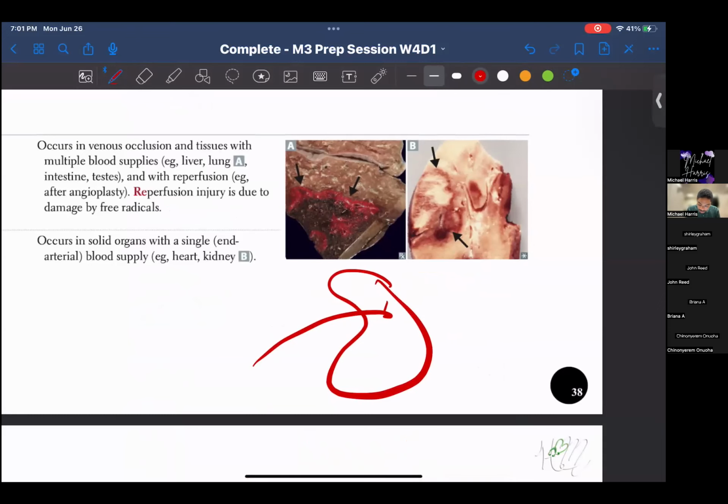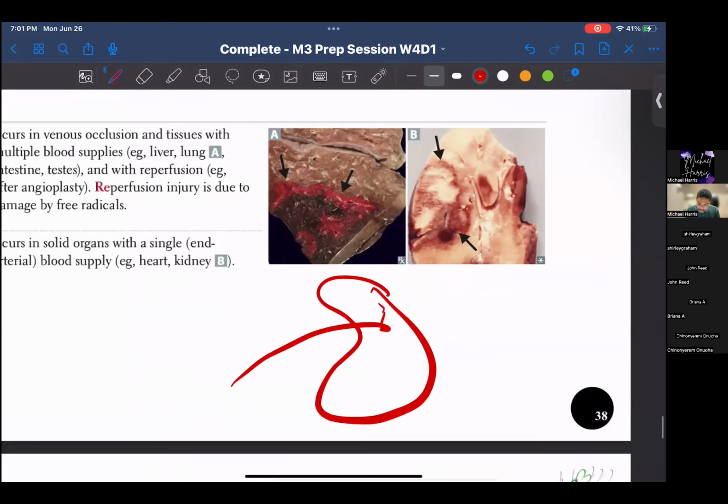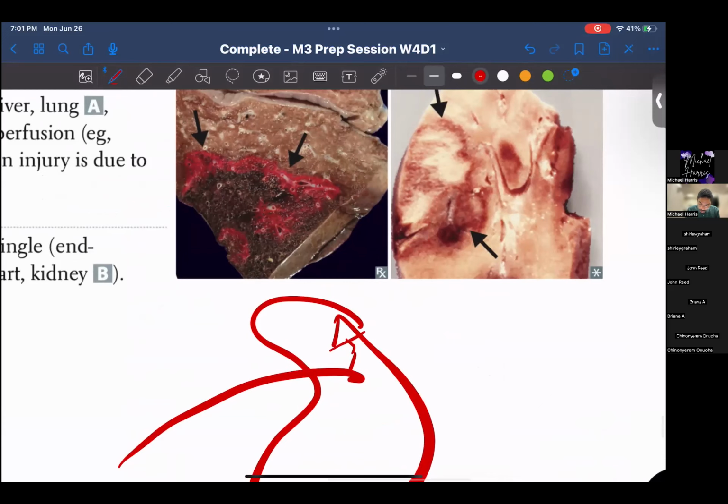Whenever we talked about how it branches out, and then eventually you get this triangle, right? And this triangle is supplied by one branch of that artery. Well, when you have complete blockage of it, and that blockage stays there completely, then it's pale because no blood can show up there, turning it red.